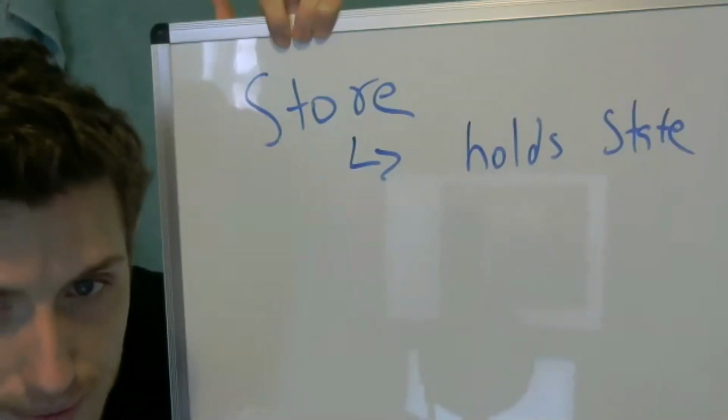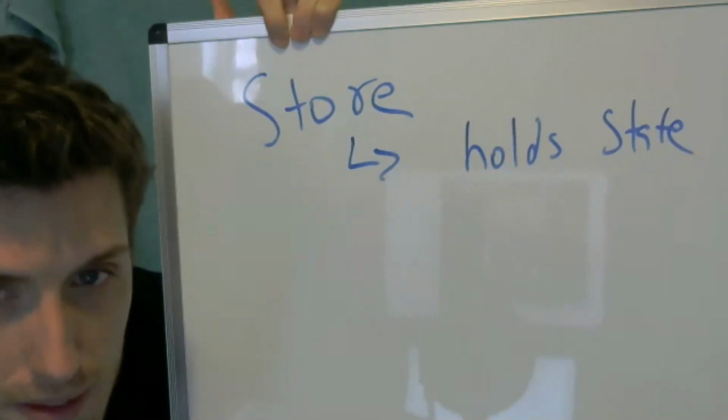You create it. What's that, Fowler? You import it from Redux, and then you assign it to a variable, and you create the store, and you pass in a reducer, middleware if you need it, and an initial state.